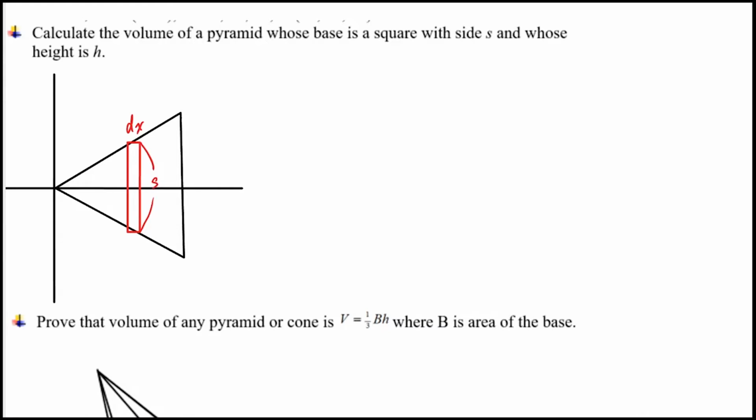So that we have a pyramid, and this height from here to here, this is H. So that height inside of the pyramid is H. And then this is S. I'll say S over 2 here. Good. So that we have a base S. Good.